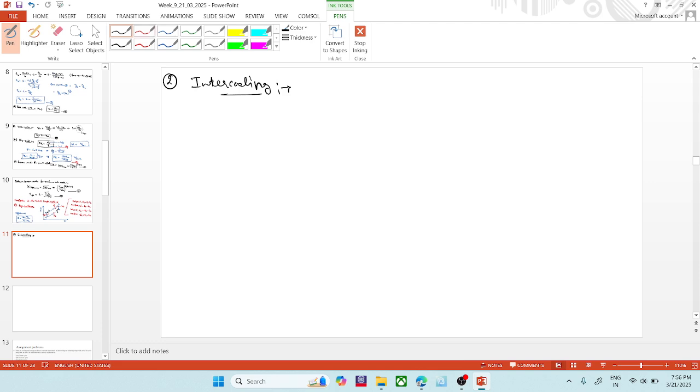So let me plot the diagram for this intercooling first. Suppose this is the TS diagram and this is the PV diagram, and these are the three pressures.